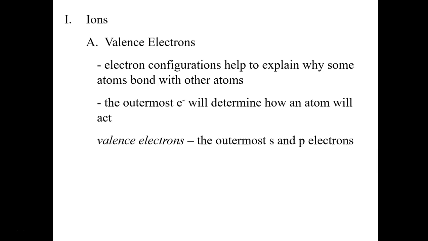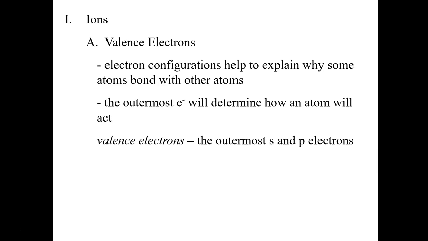So valence electrons are the outermost s and p electrons. So for now, we're going to ignore d and f. If an atom has d electrons or f electrons, we're going to ignore those for now. We're only going to focus on their outermost s and p electrons.